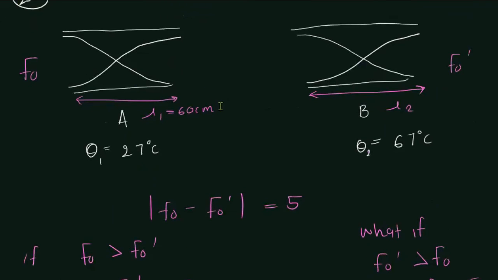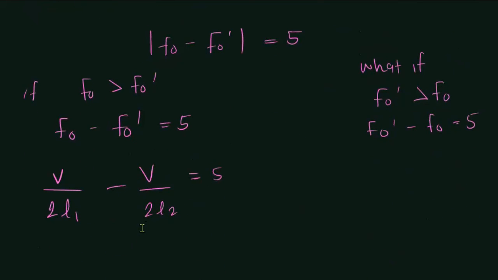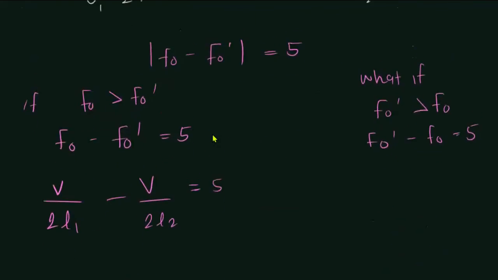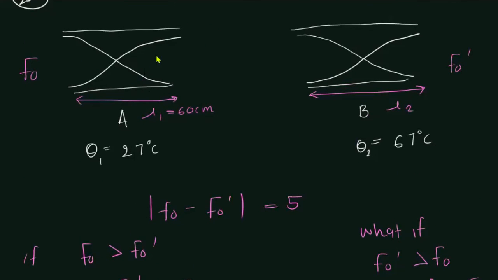So here what changes is this is L1, this is L2. Is this correct? This is not correct. Why? Because this tube is at 27 degrees Celsius and this tube is at 67 degrees Celsius. When the temperature changes, the velocity of sound in air also changes.